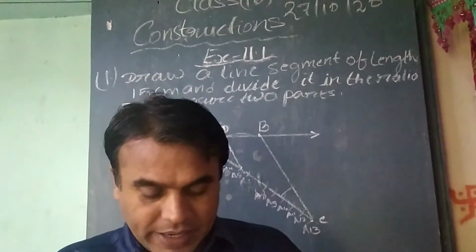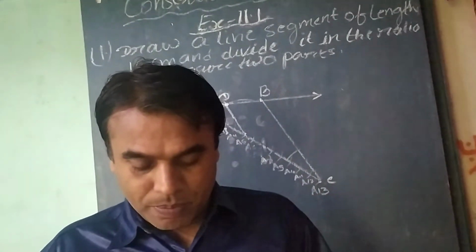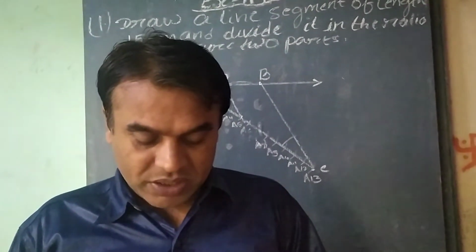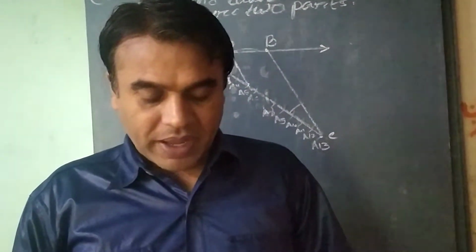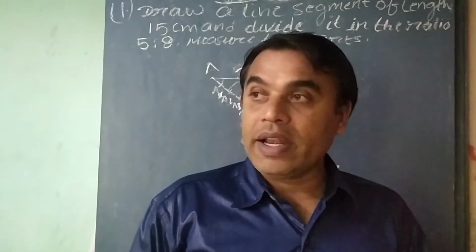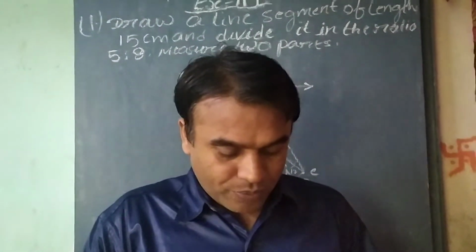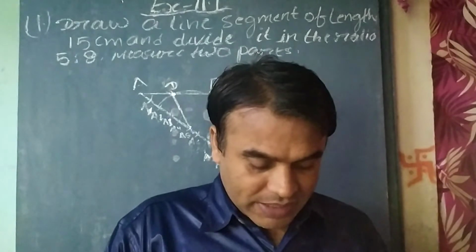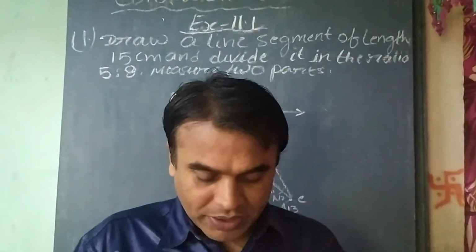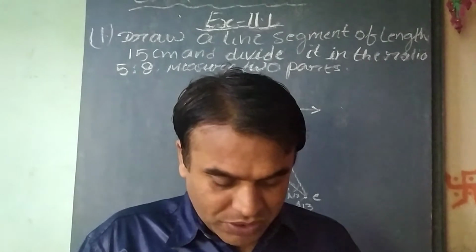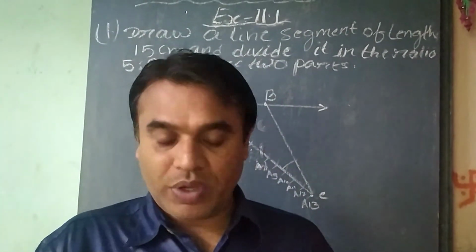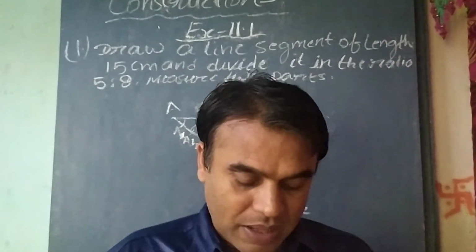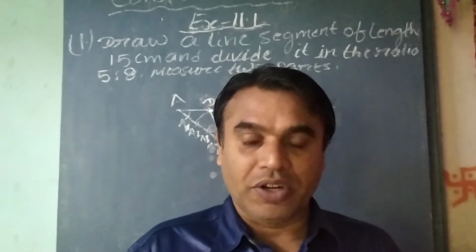On the ray AC, starting from A, mark 13 equal parts, that is A1, A2, A3, A4, A5 and so on up to A13. Join A13 to B, and from A5 draw A5D parallel to A13B, meeting AB at point D. Thus D divides AB in the ratio 5:8. So we will measure the parts AD and DB.